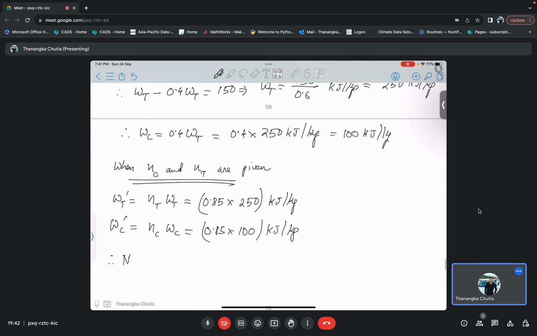Therefore net work done is equal to WT prime minus WC prime, that is 0.85 into 250 minus 100 kilojoule per kg.